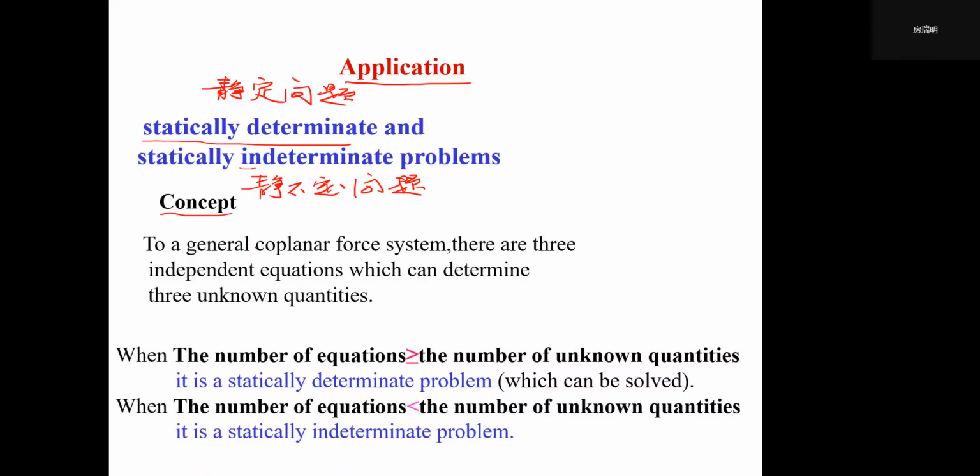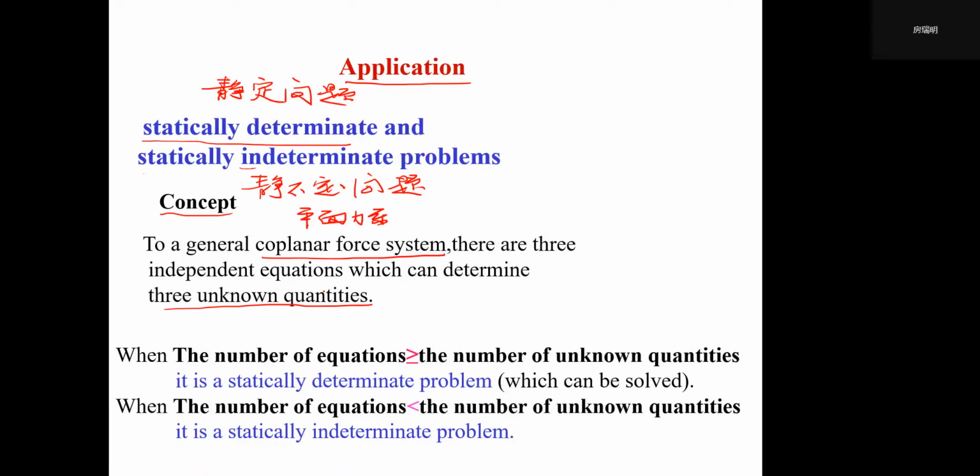So to a general coplanar force system, 平面力学, plane mechanics only considers 3 equilibrium conditions, right? So to a general coplanar force system, there are three independent equations which can determine three unknown quantities.